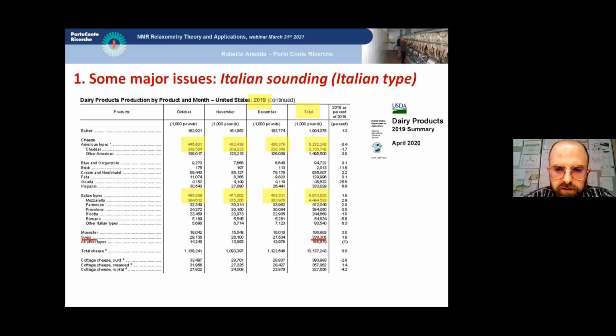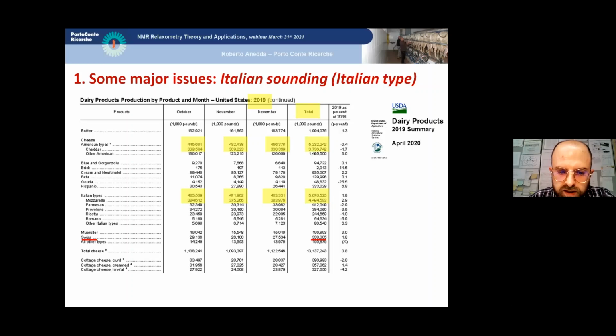You can see here data from 2019, and pretty much the same as in 2018.